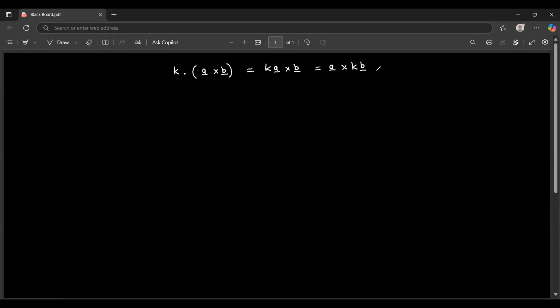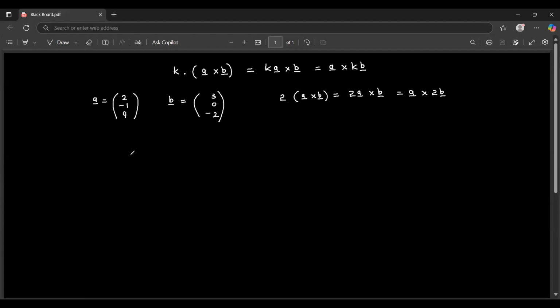You can multiply with a number that is useful for you. So let's say we can say that 2 into A cross B is equal to 2A cross B or A cross 2B. So this must be true.